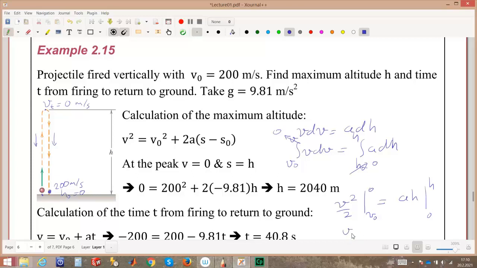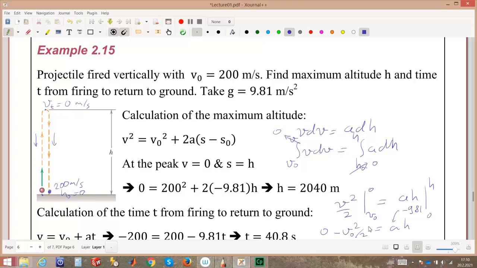v0 squared over 2 with a negative sign and then a 0, that is equal to a h, and here a is an acceleration in the opposite direction of motion, so we're going to have a negative 9.81 as a result of that.